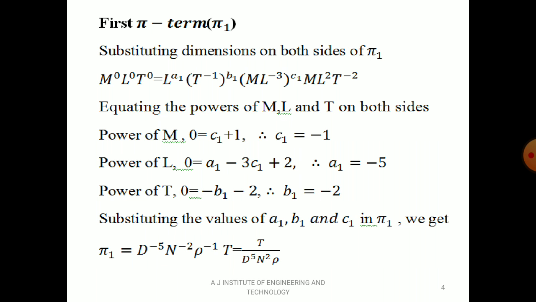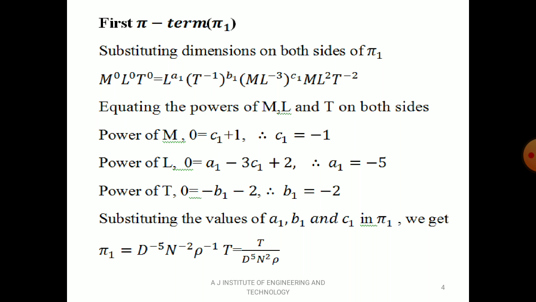As pi has no dimension, no unit, so M to the power 0, L to the power 0, T to the power 0 is equal to L to the power a1, the dimension for diameter is L, into T to the power minus 1 to the power b1, the dimension for n is T to the power minus 1, then density to the power c1, so ML to the power minus 3 to the power c1, into ML square T to the power minus 2. This is the dimension for torque.